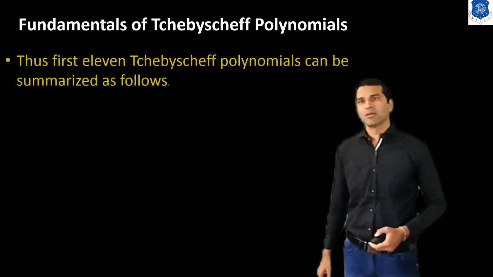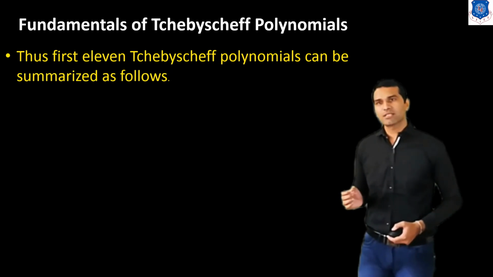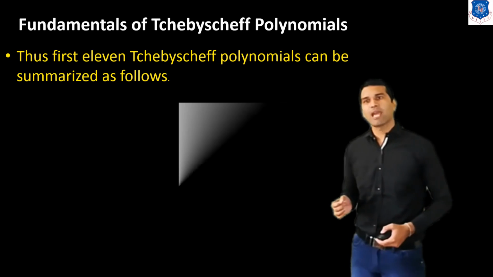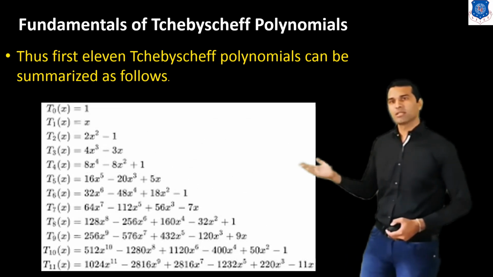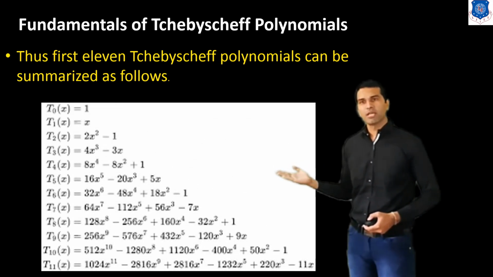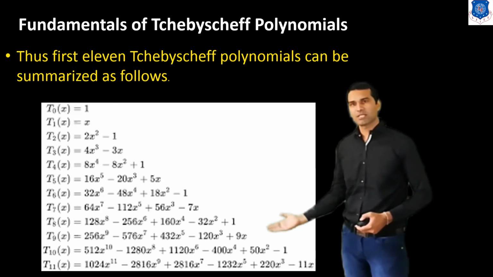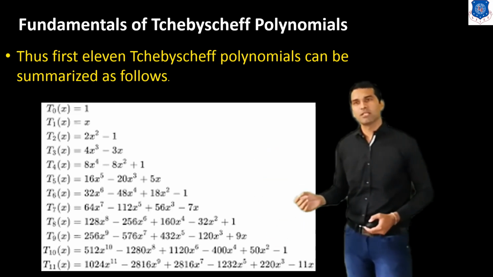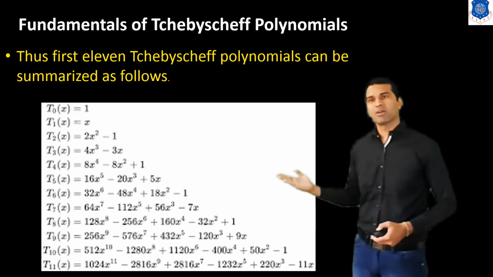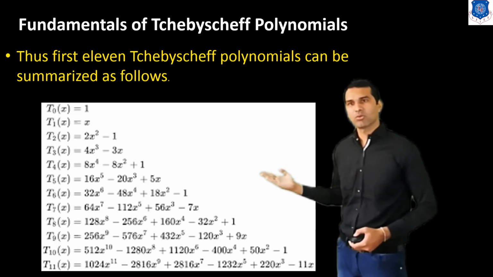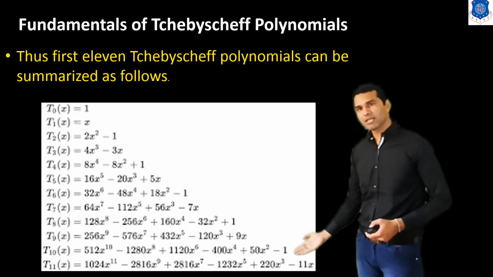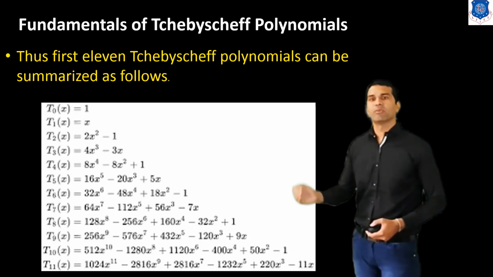Thus the first 11 Chebyshev polynomials can be summarized using this table: T0(x) equals 1, T1(x) equals x, T2(x) equals 2x square minus 1.